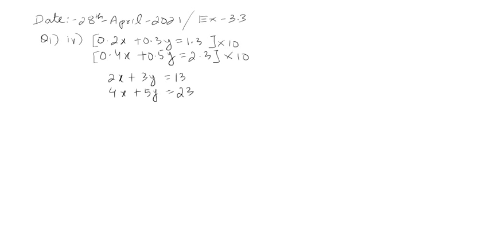So you can see all the decimals are removed. Now it behaves like a normal equation. So I can name this as 1 and this as 2.